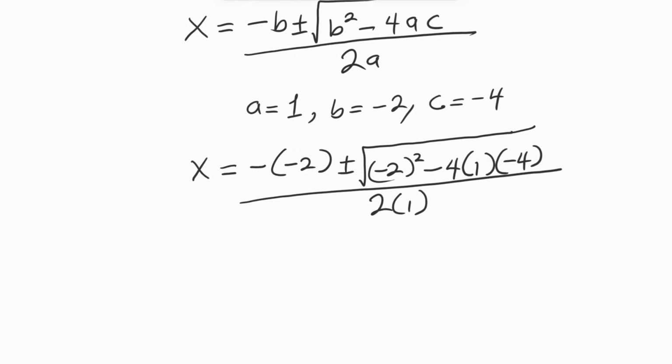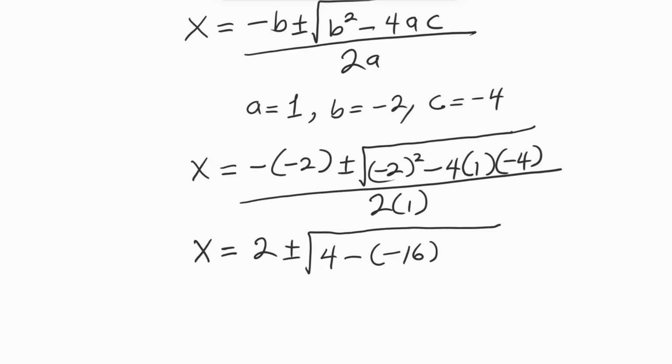So now x is equal to minus times minus will give us plus, so that becomes 2 plus or minus the square root of minus 2 squared, which is 4, minus 4 times 1 times minus 4, which is plus 16, all divided by 2.